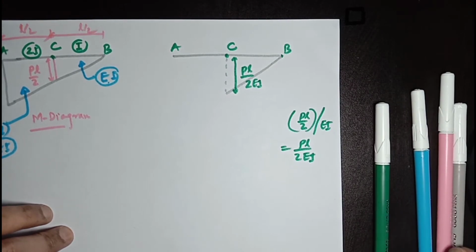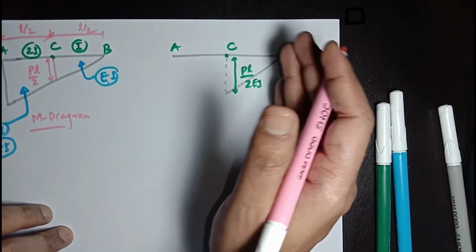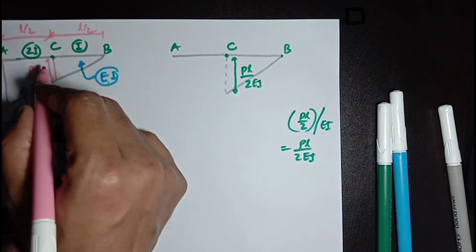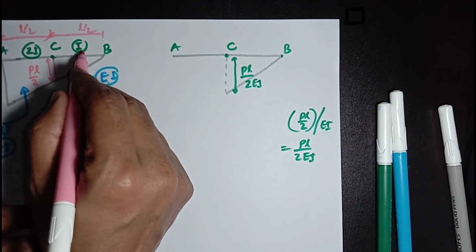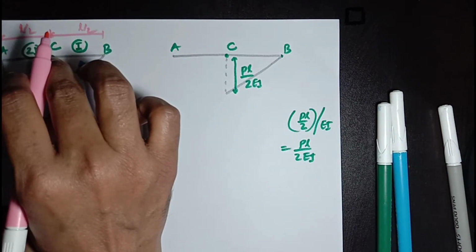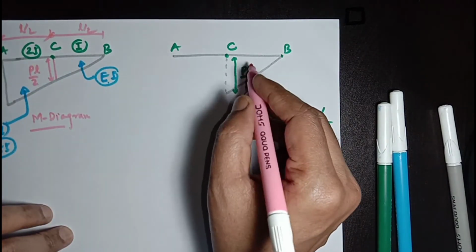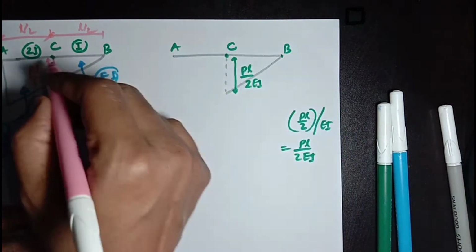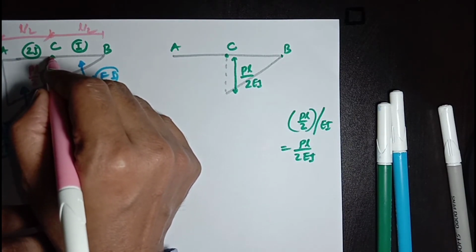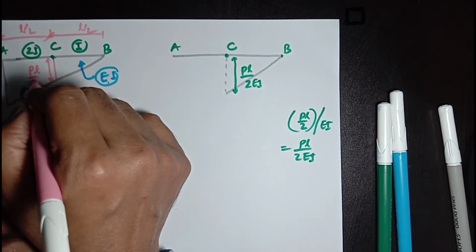Now, right of point C has a moment of inertia I, and just left of point C has a moment of inertia 2I. The bending moment at point C is PL divided by 2.